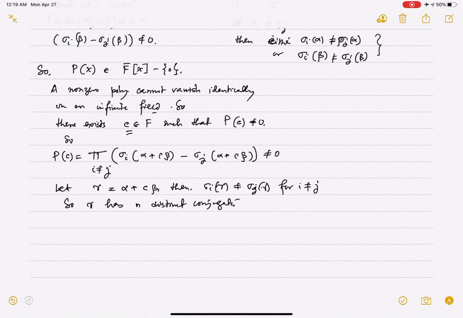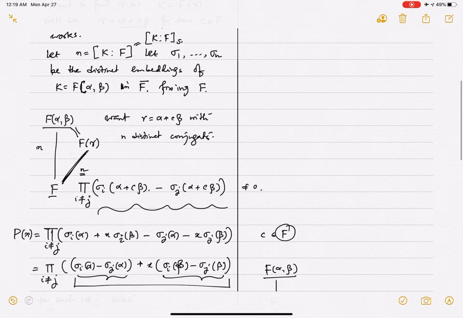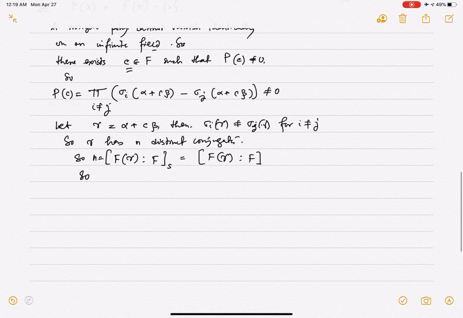So gamma has n distinct conjugates, so the separable degree of F(gamma) over F, which is the same as the degree of F(gamma) over F, is n. So that's the degree of the whole extension, F(alpha, beta) to F. So F(alpha, beta) is just F(gamma).